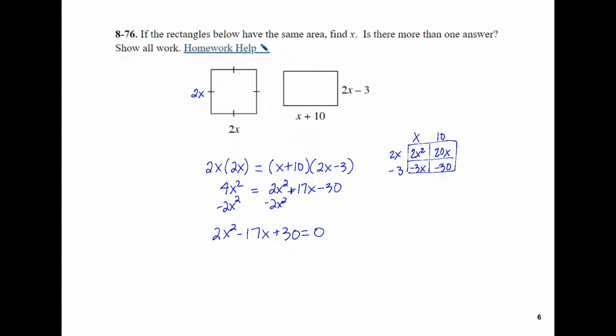So we could, in fact, factor in order to solve for x, or use the quadratic formula.